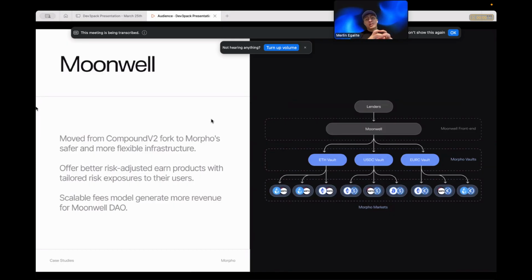If you take other lending protocols such as Aave or Compound, it's a lending pool. So a lending pool is where anyone can deposit assets into that pool. Everything is mixed together, and then users can come and borrow the assets that have been deposited into that lending pool.